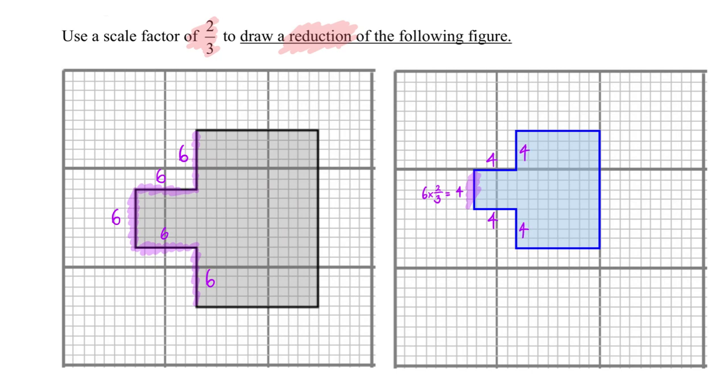And lastly, as we continue, 1, 2, 3, 4, 5, 6, 7, 8, 9, 10, 11, 12. Then this one will be 12 times 2 over 3, which will give me 8. So it will be 1, 2, 3, 4, 5, 6, 7, 8. Here will also be 8 since here will be 12.